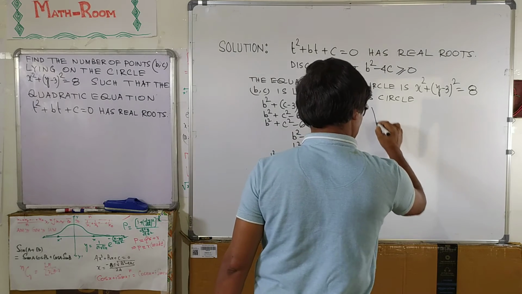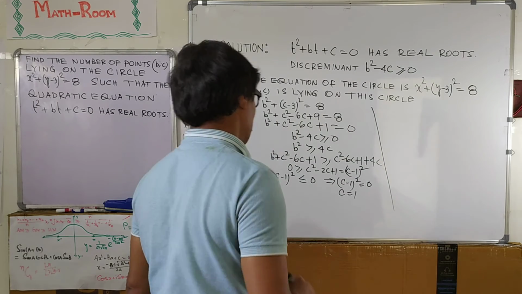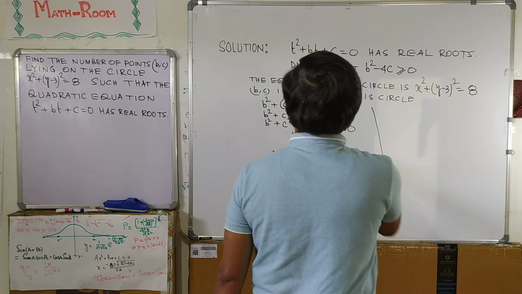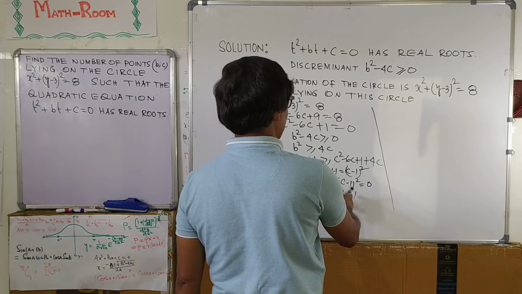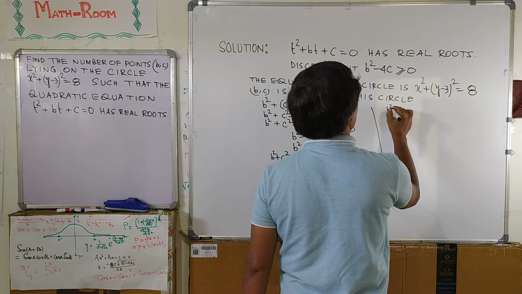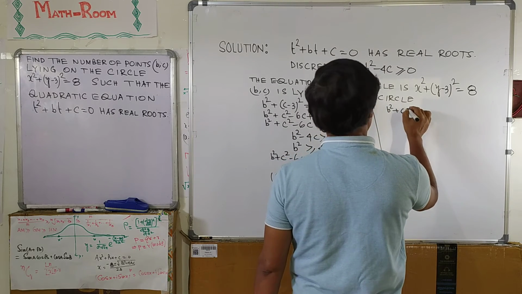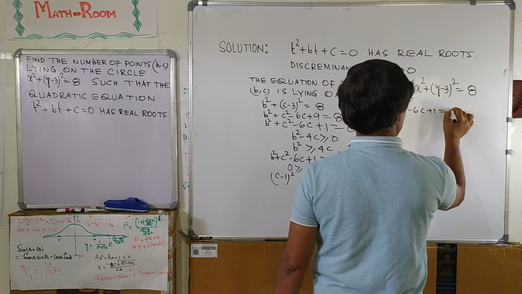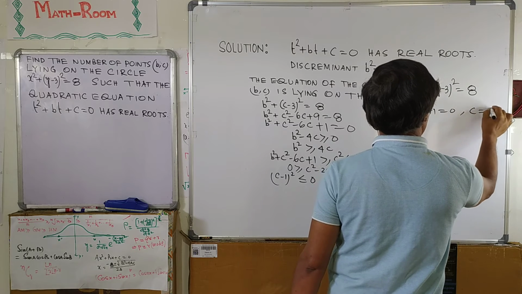Now, we have got c equals 1, and we can put c equals 1 in the equation b squared plus c squared minus 6c plus 1 equals 0.